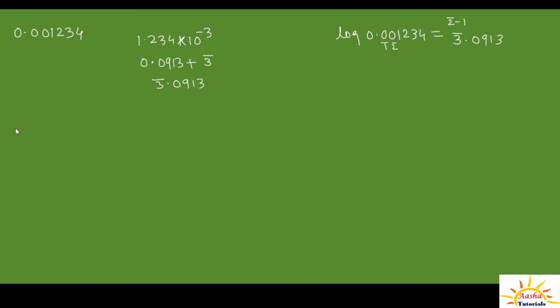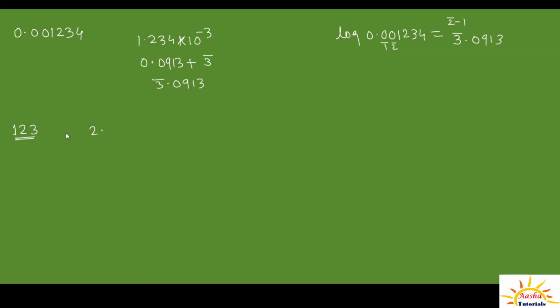Take numbers with only 1, 2, 3 instead of having 4 as the last digit. Suppose we have the number 123. Then how do we find the log of this? Here what we have to do is write the characteristic value of 123, that is 2 point, and find the log of 12 in 3.